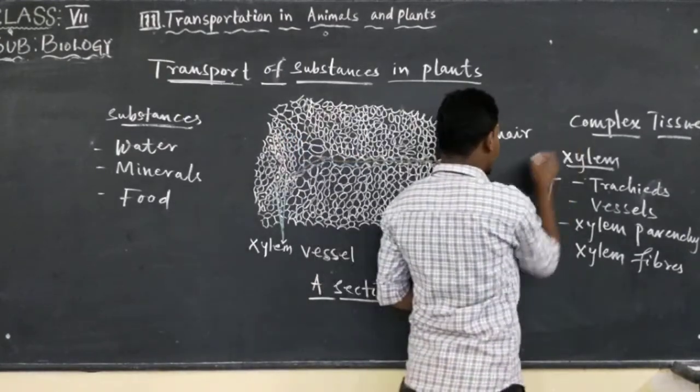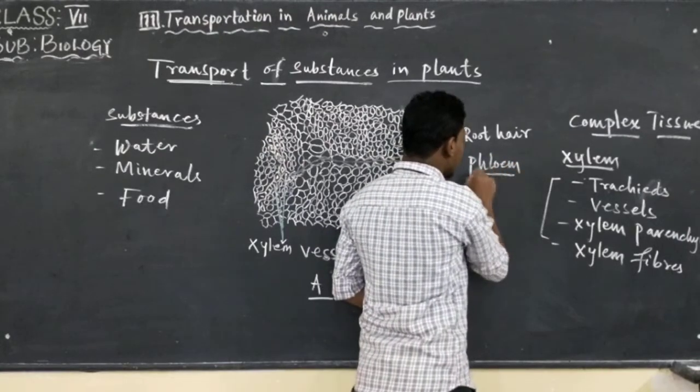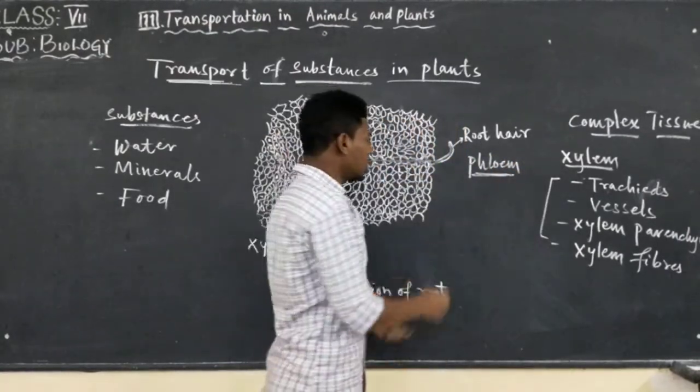The next complex tissue is phloem. It also contains four components or four different cells.